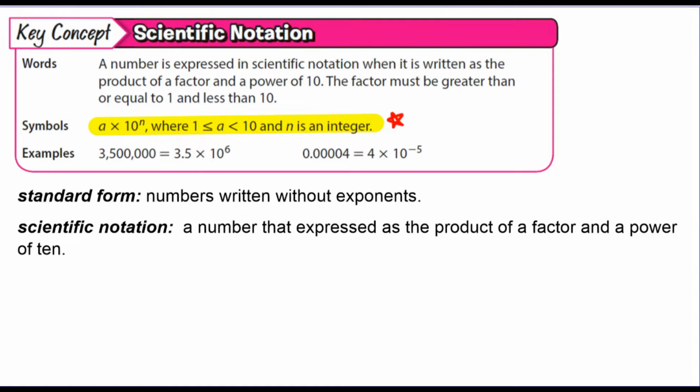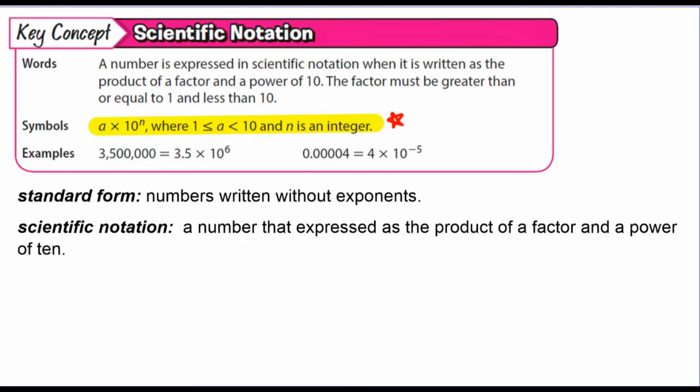So it cannot be less than 1 and it cannot be greater than or equal to 10. So we write it as a times 10 to some power, where a is greater than or equal to 1 and less than 10. So we call that scientific notation, and that's a number expressed as a product of a factor and a power of 10.